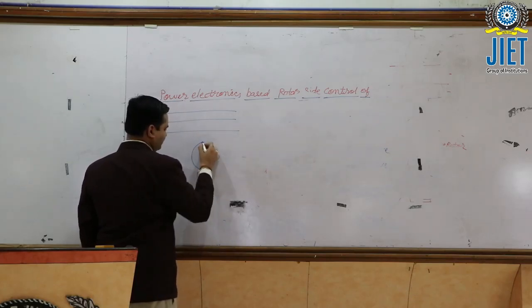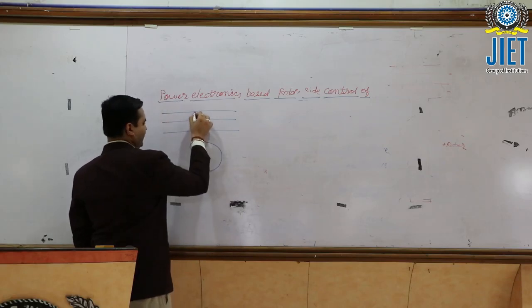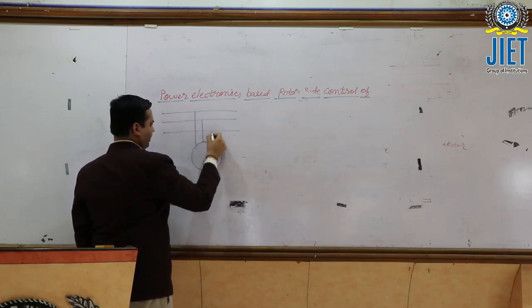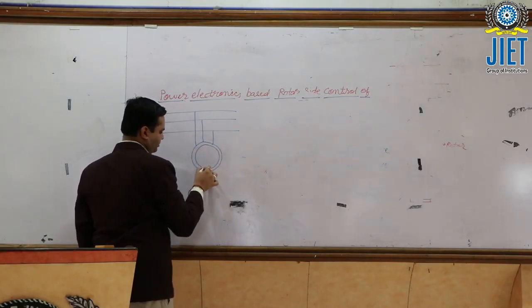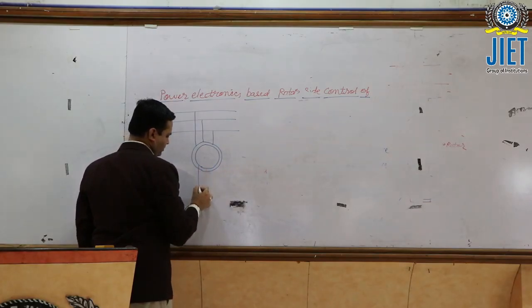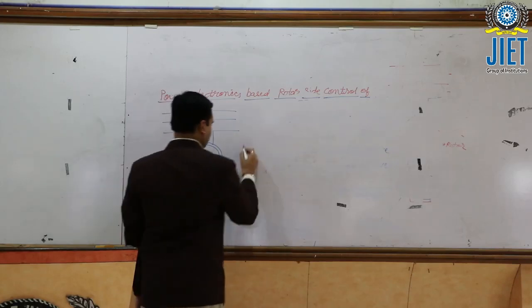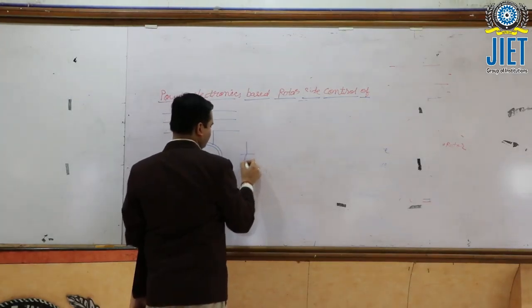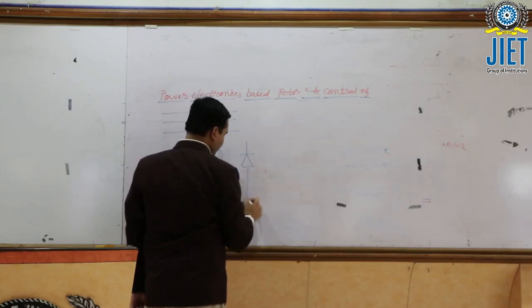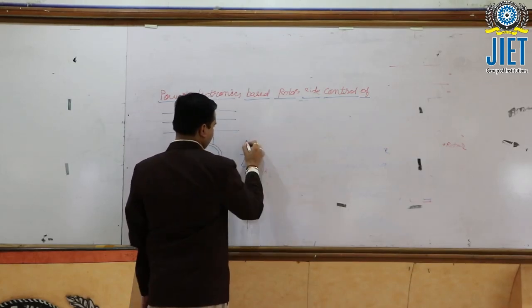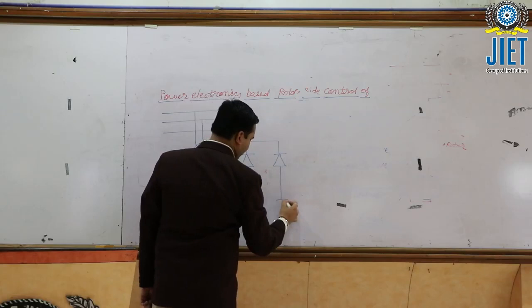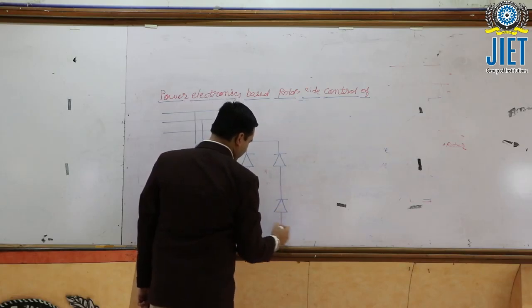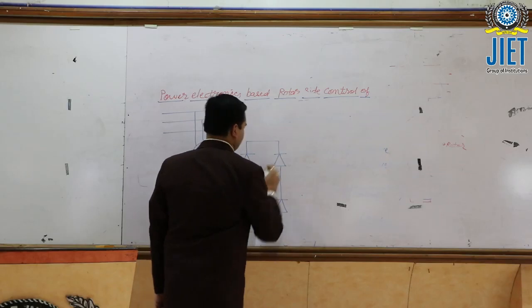This is the motor, the stator side is fed from the three-phase supply. This is the rotor side. Now we connect a three-phase diode bridge. This is the diode bridge connection. Because it is a three-phase machine, we connect the three-phase diode bridge here.